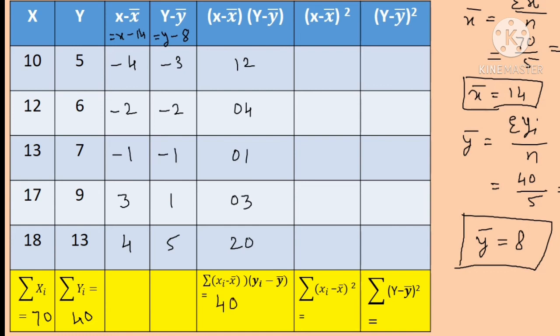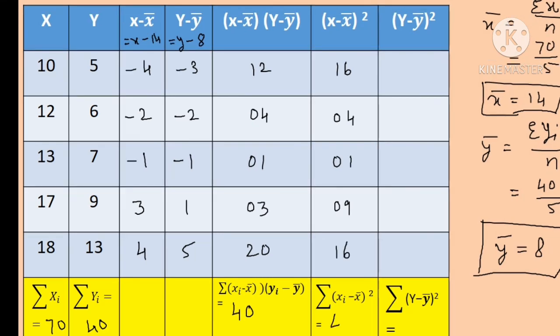So that is 40. Now we have to calculate x minus x bar the whole square, that is the square of the third column. So minus 4 square is 16, 2 square is 4, 1 square is 1, 3 square is 9, 4 square is 16. Add this. That is 46. And then y minus y bar the whole square, that is the square of the fourth column.